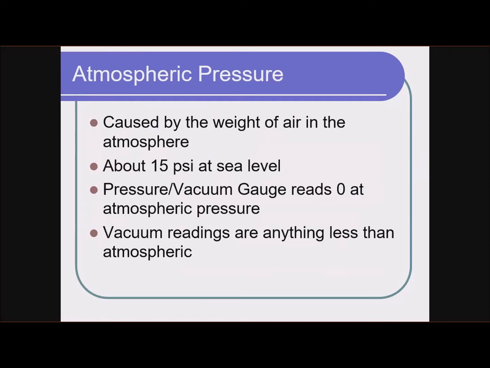As we start going up higher than sea level, if we go up in the mountains, or if you're up in an airplane, for example, now some of the atmosphere is below you and some of it is above you. So you don't have the weight of the entire atmosphere on you anymore. You've got the weight of part of the atmosphere. So the atmospheric pressure is actually less the higher you go.